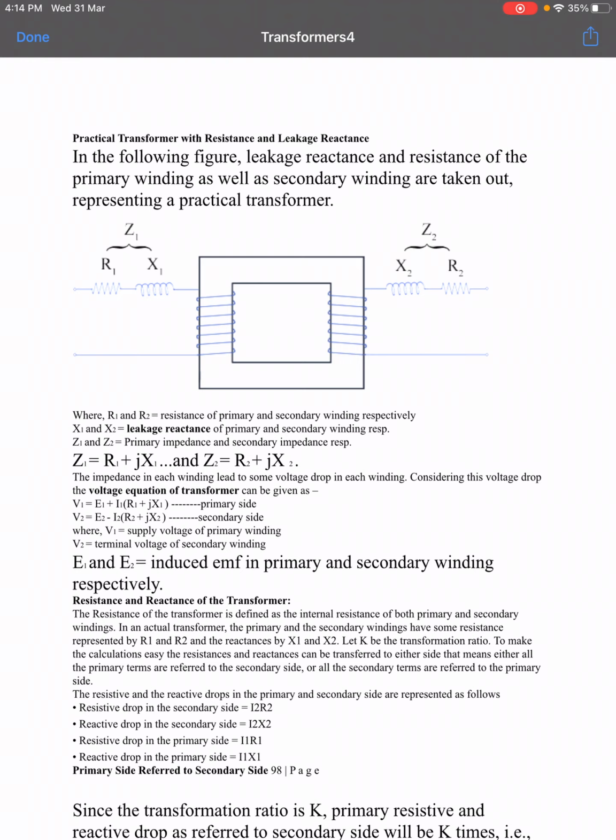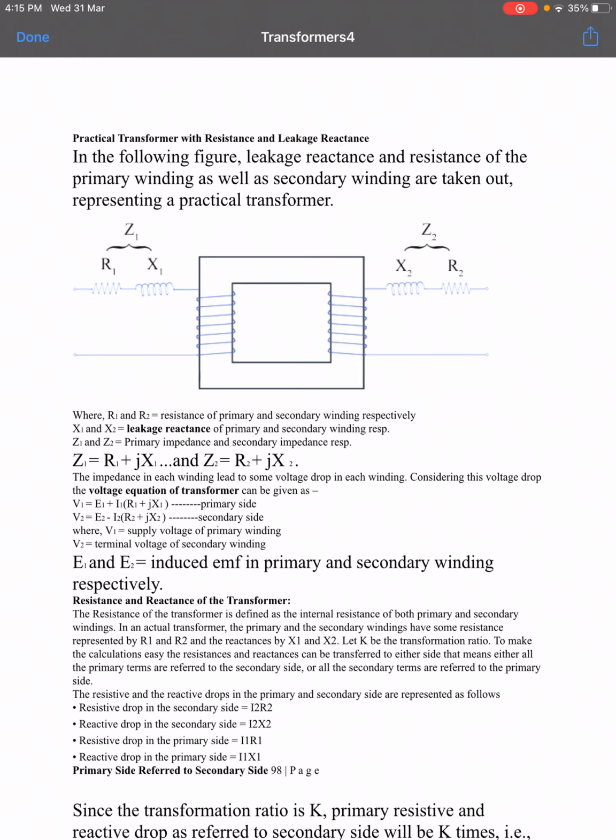Similarly, we have impedance, that means resistance and reactance, on both sides, primary as well as secondary. So impedance Z1 equals R1 plus jX1: primary impedance, primary winding resistance, primary leakage reactance.